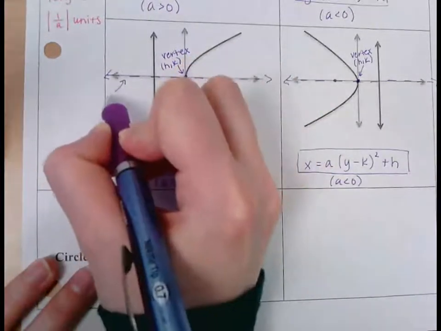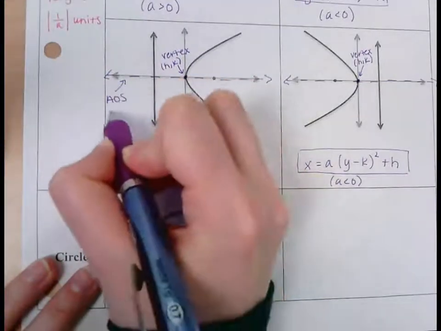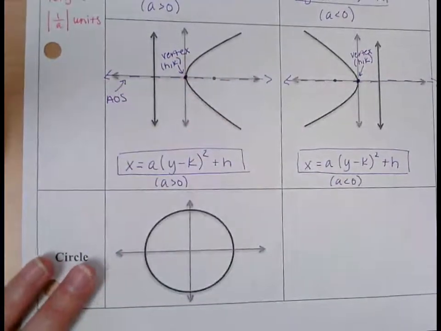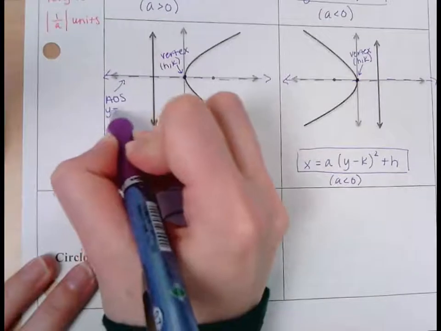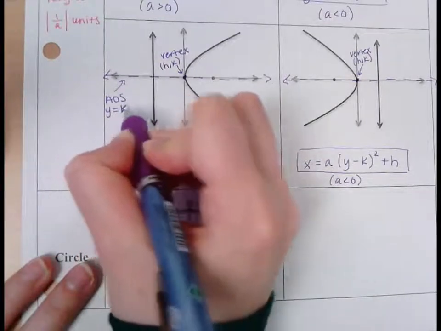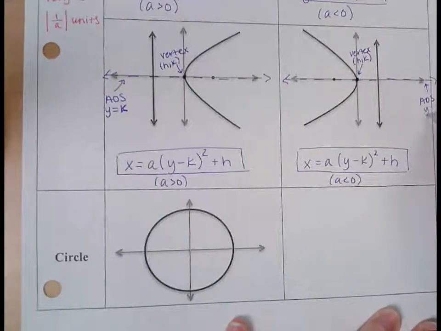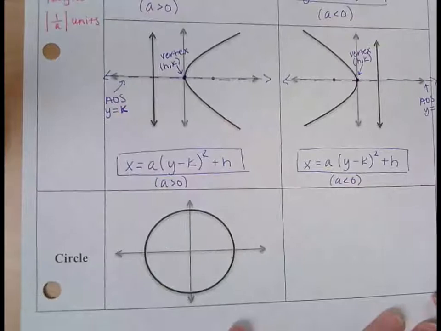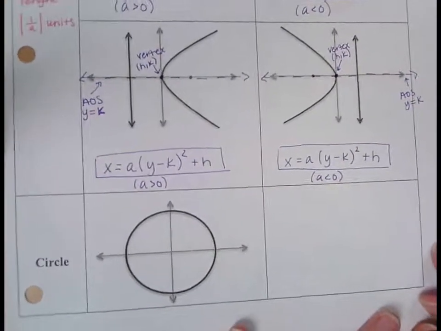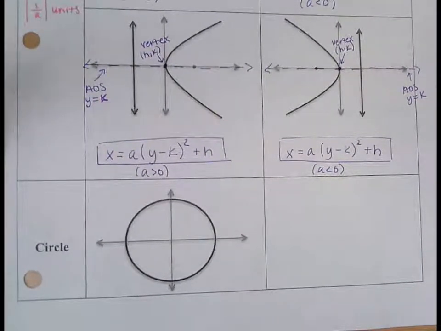So this line is the AOS, axis of symmetry, and that has the equation y equals k. So AOS is y equals k.